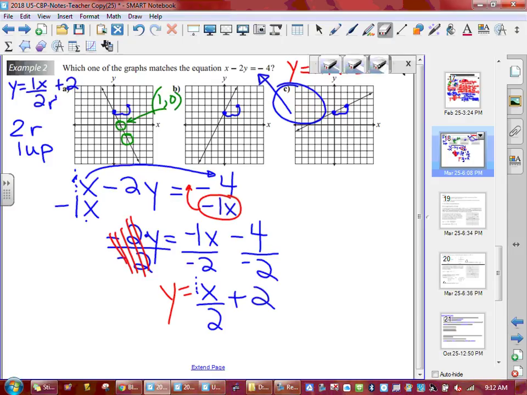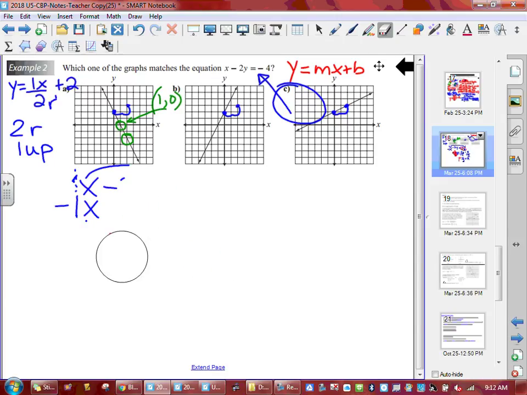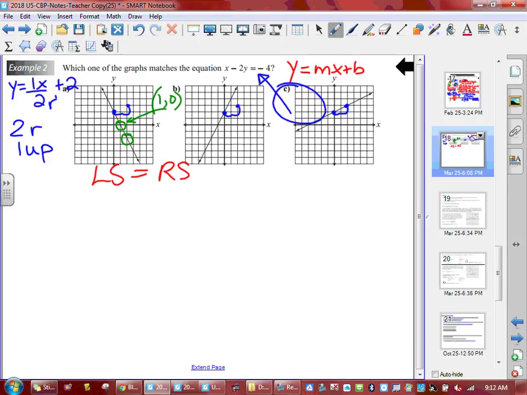So here's the other strategy. If we chose not to isolate y, we can put numbers in for the x and the y to see if they equal the -4. So this is how we do left side equals right side. We draw ourselves a t-chart, and now I would write the equation x minus 2y = -4.